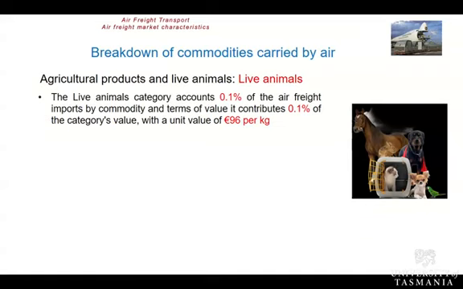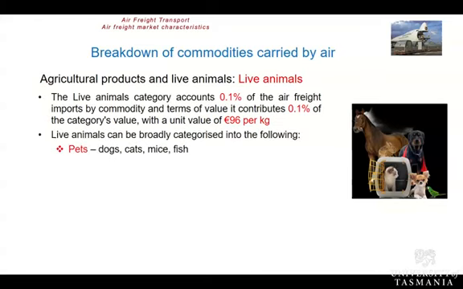And that's one of the challenges when you're marketing your goods to customers, is finding discrete markets that will respond in a particular way. Live animals might be one of those markets. Doesn't necessarily contribute a lot in terms of value, but as you can see, it fits the bill in terms of the unit value to weight proposition of 96 euros.